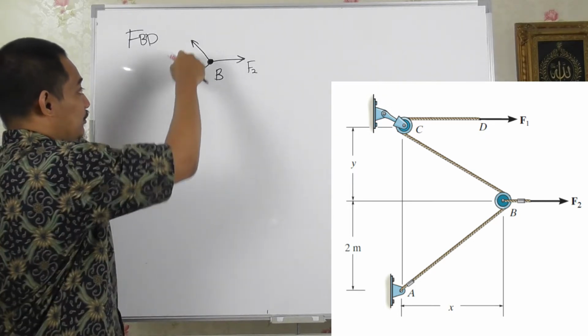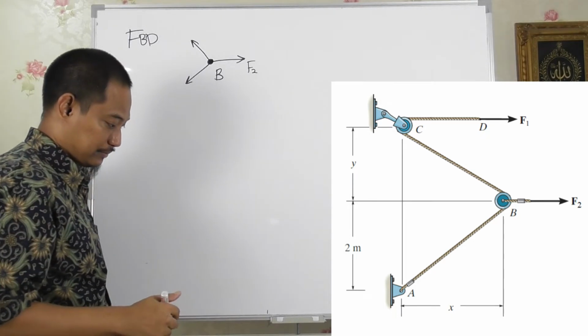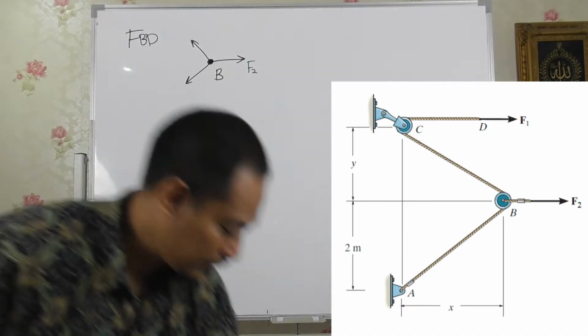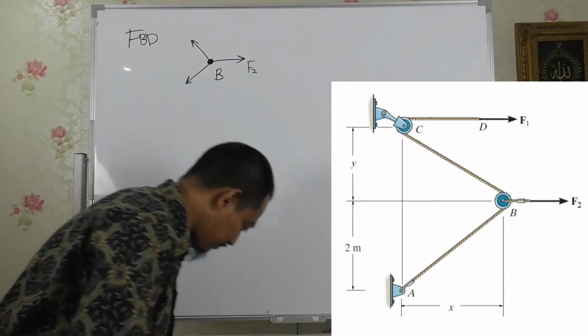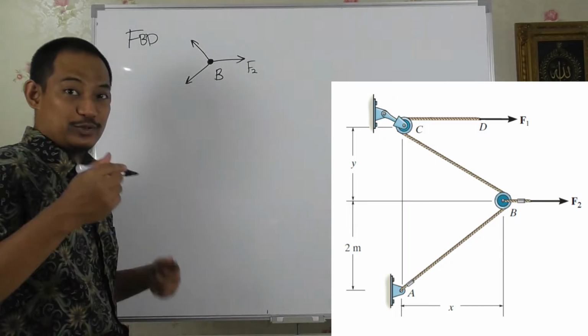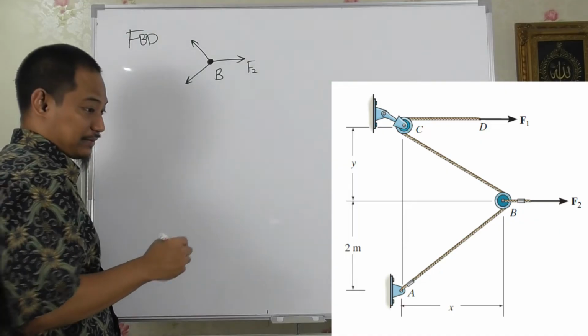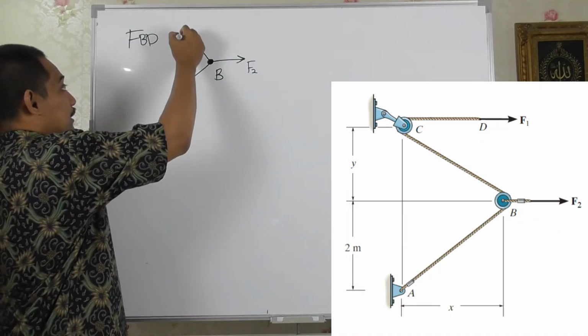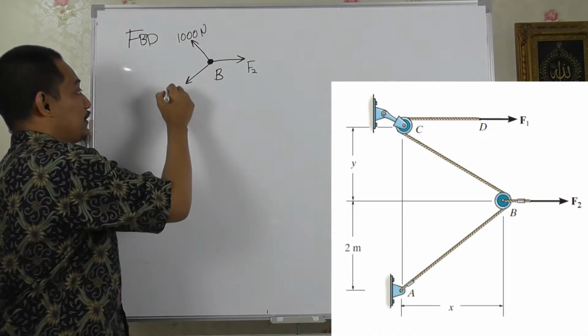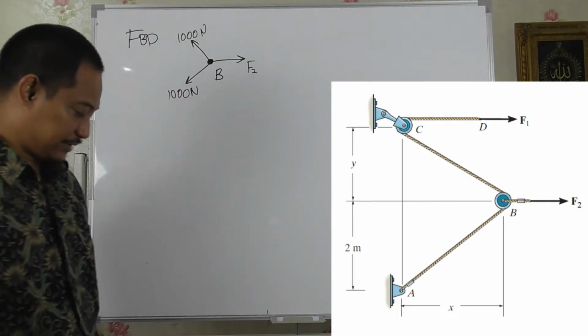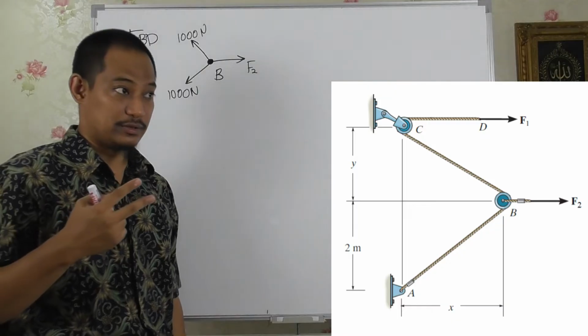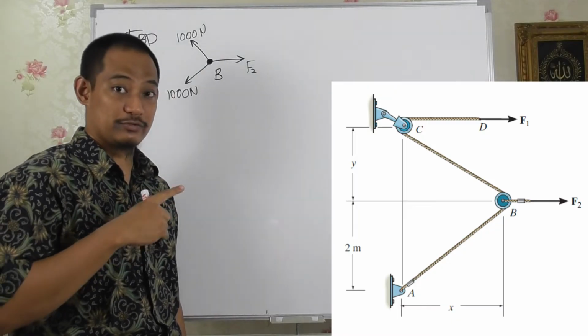Meaning that this force and this force is the same, right? So meaning that this one is 1000 Newton, this one is 1000 Newton.